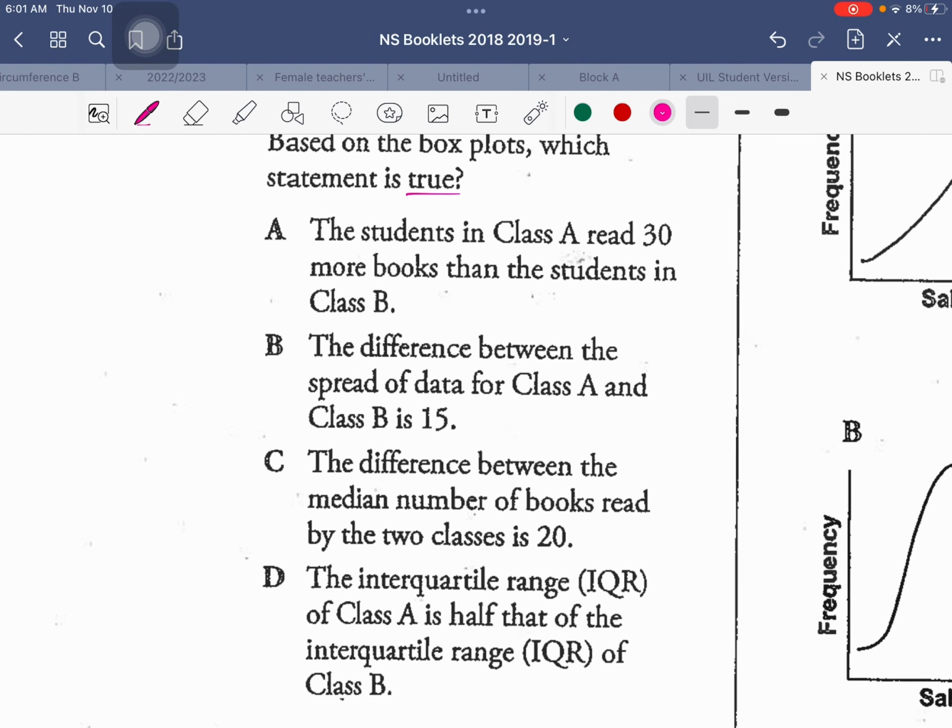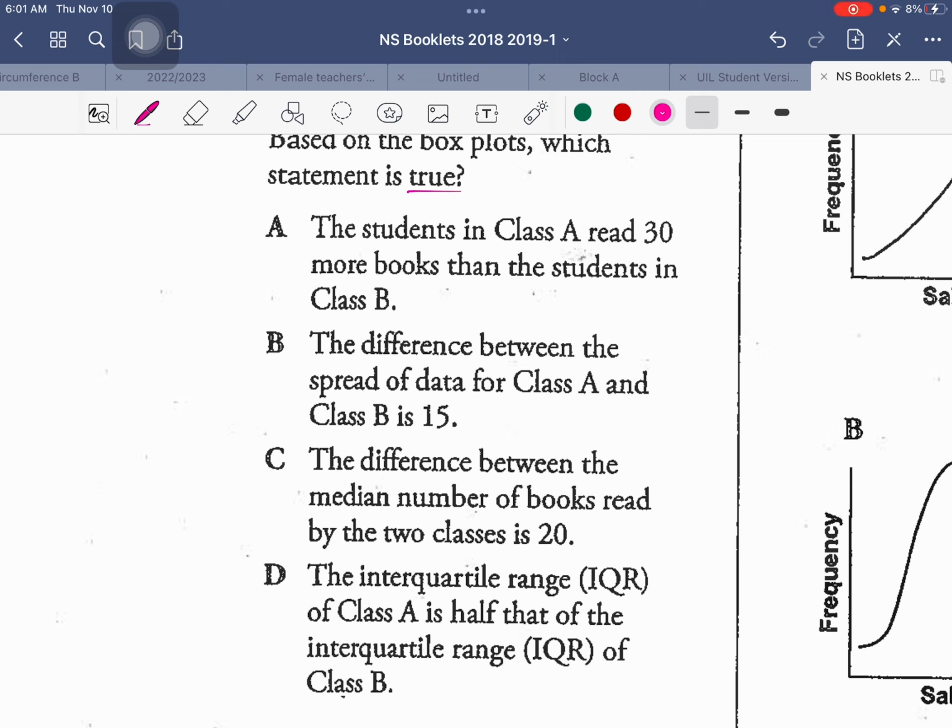Based on the box plots, which statement is true? So sometimes it's beneficial to read the questions first before going and analyzing the box plots. So let's go ahead and read them. Students in Class A read 30 more books than the students in Class B. Okay. The difference between the spread of Class A and Class B is 15. So we just did, right?